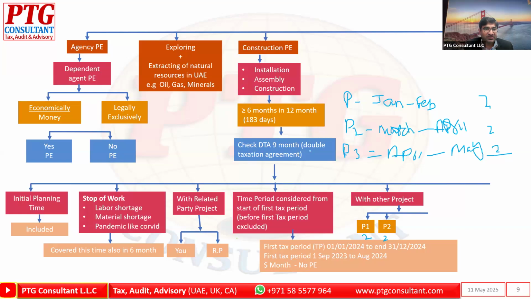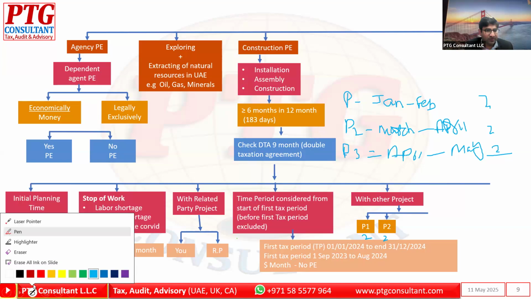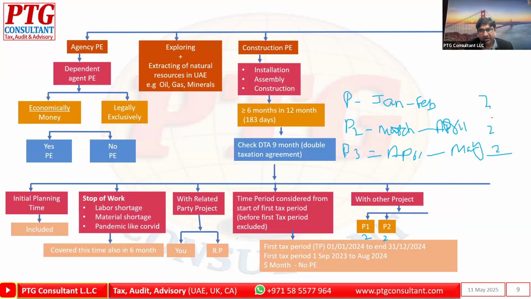Let's assume the first tax period is meeting the condition, and other things remain constant. Some people are saying it's 5 months, some are saying less than 6 months. How come? Here we have 2 plus 2 is 6.